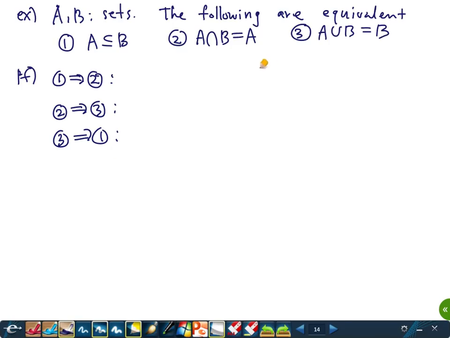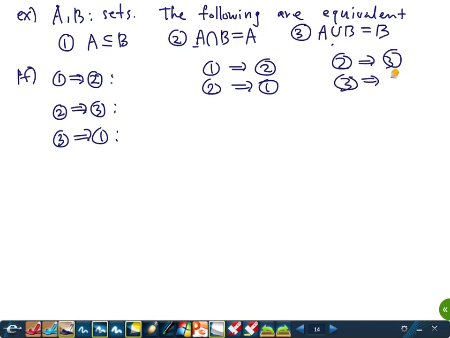Instead of showing, if you don't use this, if you want to show the equivalence of every pair of statements, you have to show 6, right? Because if you want to show the equivalence of 1 and 2, you have to show these two things, right? And for this pair, you have to show this thing, right?